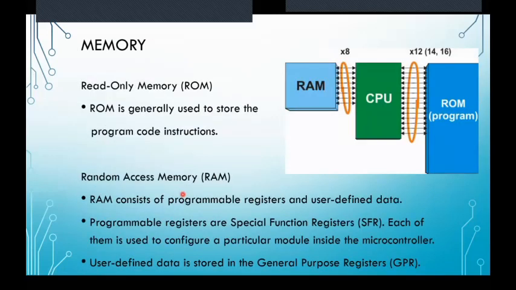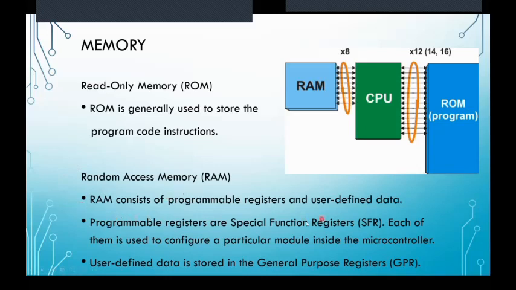Then you have memory. You have 2 types of memory here: the RAM, which is data memory, and ROM, which is program memory, read-only memory. So the program that you will be writing for the microcontroller to execute will be stored in the ROM, and user data, or the data on which any process is going to take place, that will be stored in the RAM.